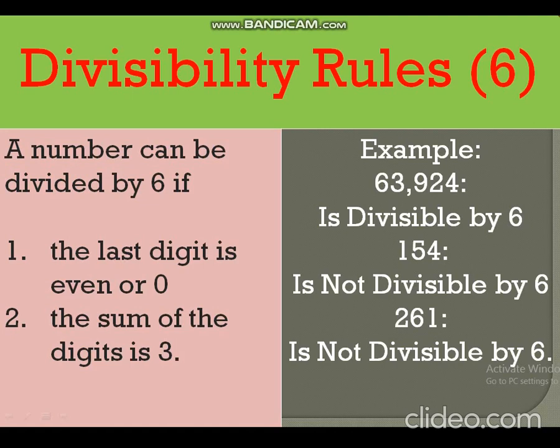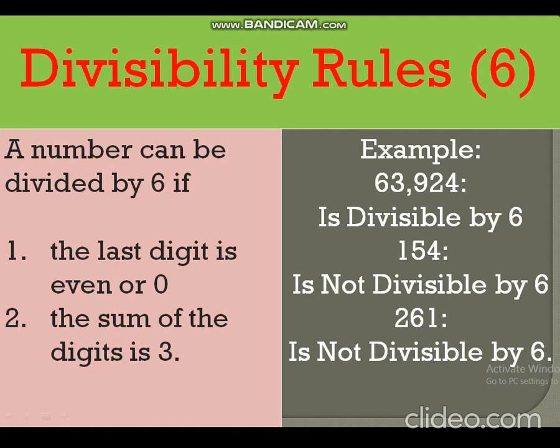63,924 is my number. The first condition is fulfilled as the last digit 4 is an even number, and also 6 plus 3 plus 9 plus 2 plus 4 is equal to 24, which is divisible by 3. Therefore, the number is divisible by 6.